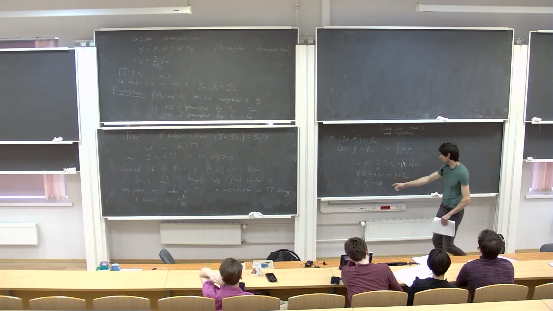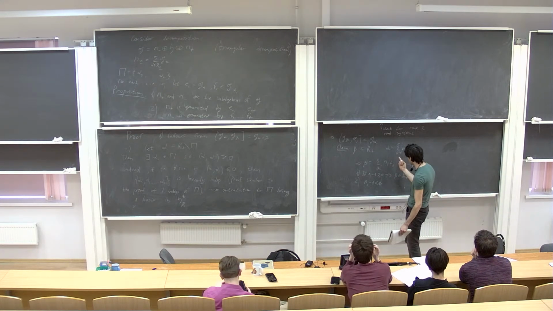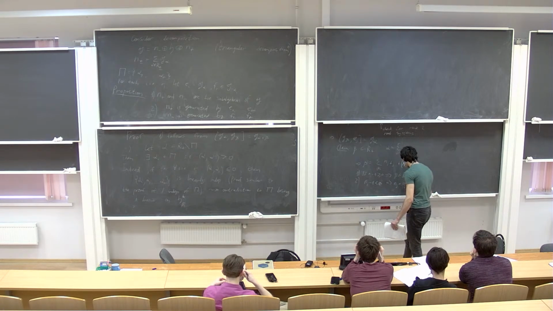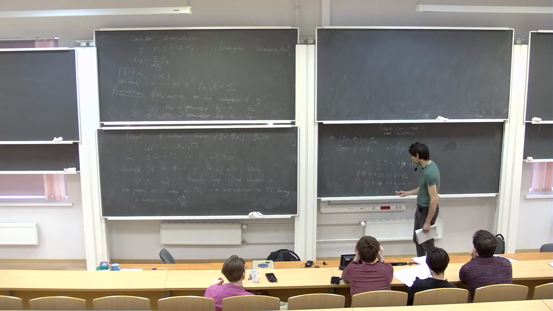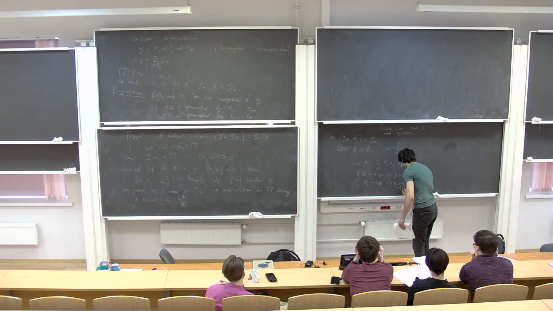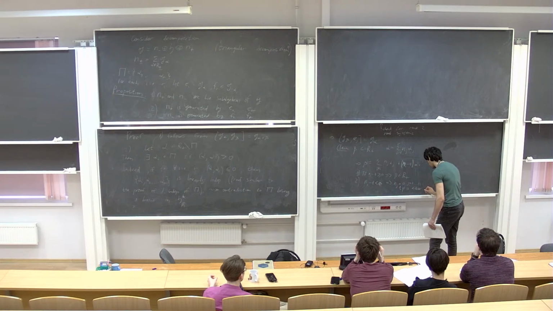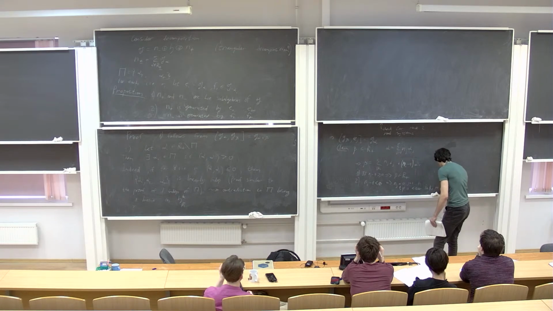So if it's negative, then the only thing I can have is that all n_j's are 0. Beta is either in R plus or in R minus.